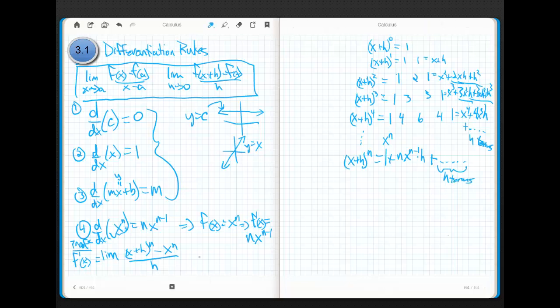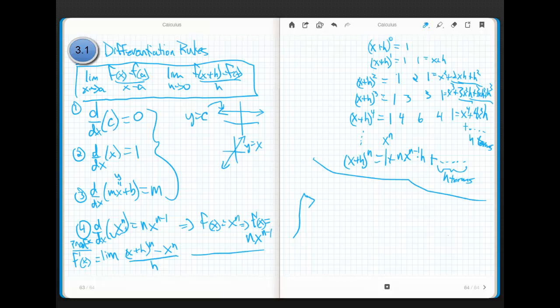Well, let's look real close. Let's stumble this away. I'm going to do this, and watch what happens. This is really fun. This term right here, let's rewrite this term right here like this. So this becomes the limit as h goes to 0 of x to the n plus nx to the n minus 1 h plus, I'm going to call these h terms.